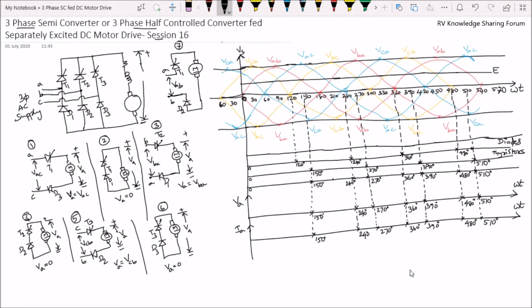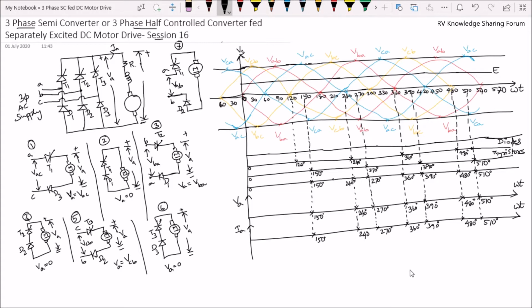This three-phase semi-converter converts the three-phase AC voltage into a DC voltage with a magnitude of VA, and IA represents the armature current. This DC power is fed to a DC motor, which is connected across this semi-converter.